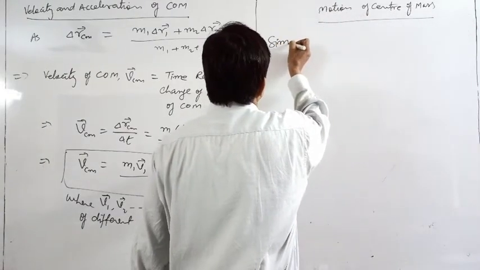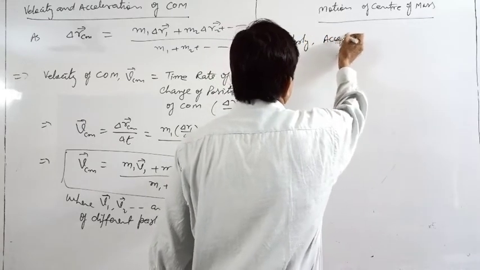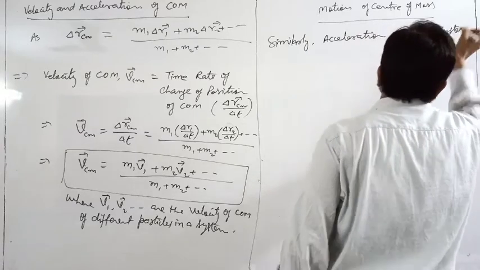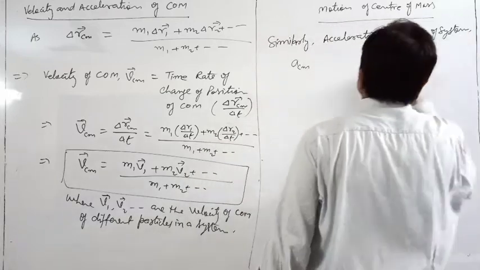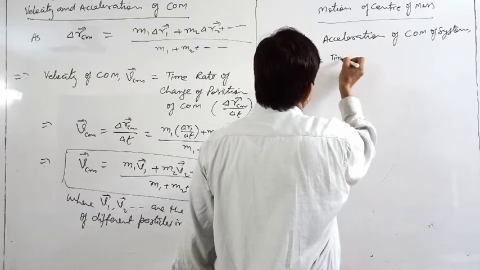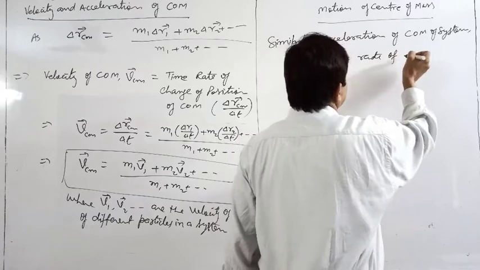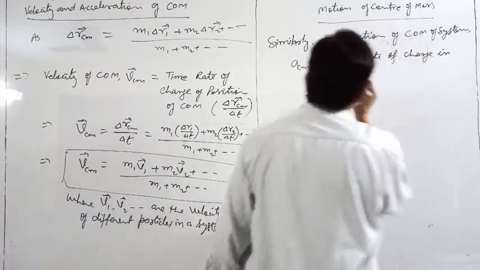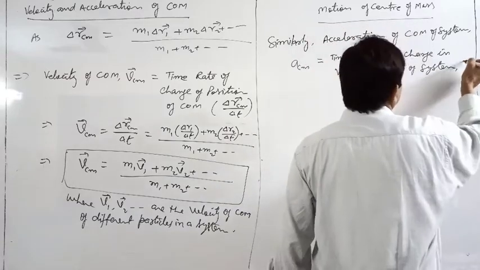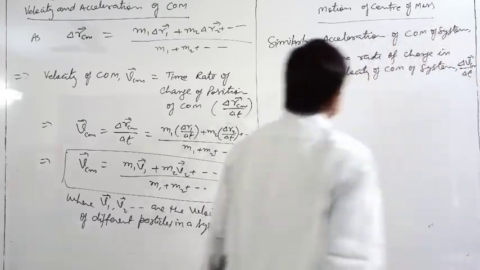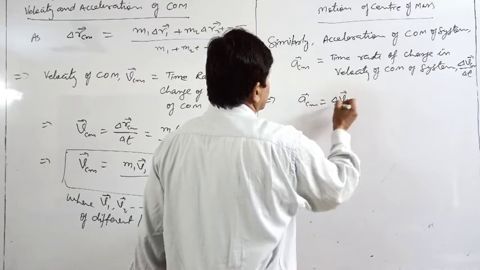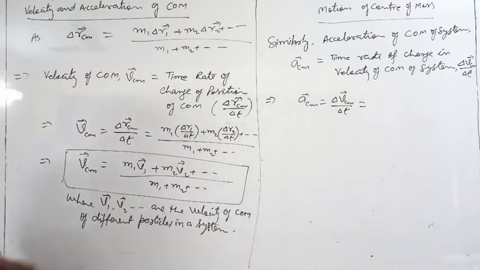Acceleration of center of mass of system, ACM, is equal to the time rate of change in velocity of center of mass of system, or we can say delta VCM by delta T. So ACM can be written as delta VCM by delta T.